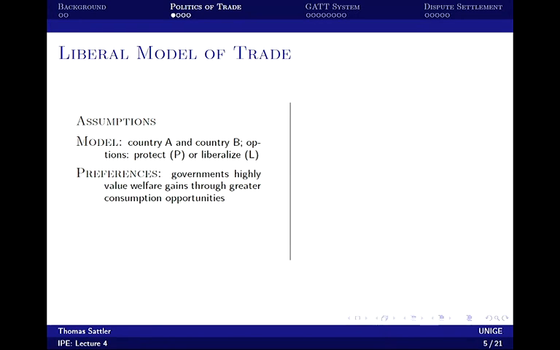What's your most preferred outcome as a government? A combination of choices between your policy and the other country's policy. What would you like most? Yes? Both liberalize, exactly. That's the best outcome. What's the second best option?